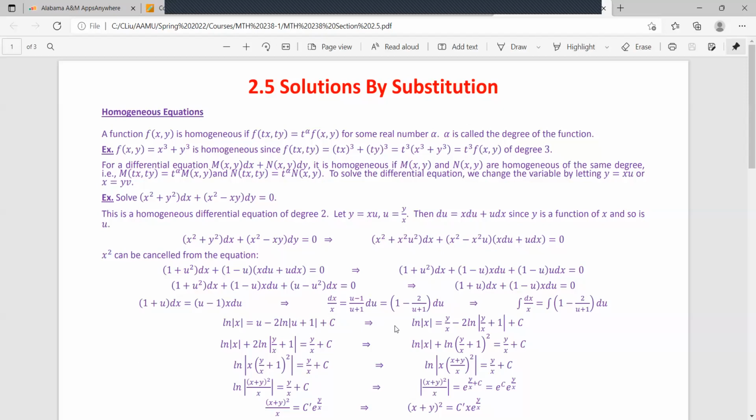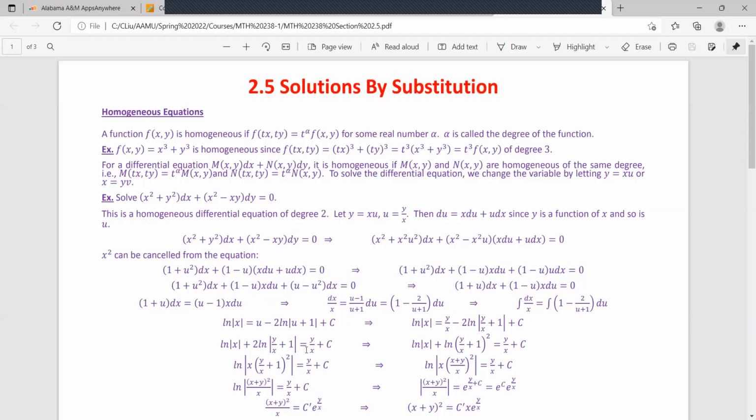So just replace u as y over x in each term on the right side. Okay, and then do a little simplification with the natural logs. So you can move the term of natural log on the right to the left, so that becomes positive. So we got natural log of absolute x plus 2 times natural log of absolute y over x plus 1 equals y over x plus c.